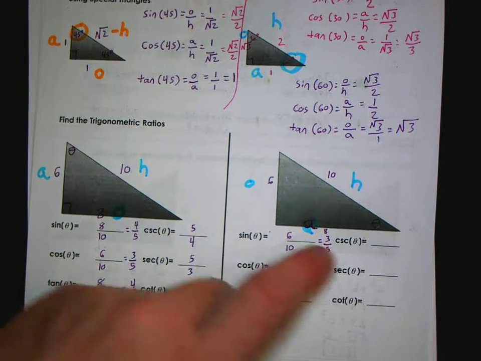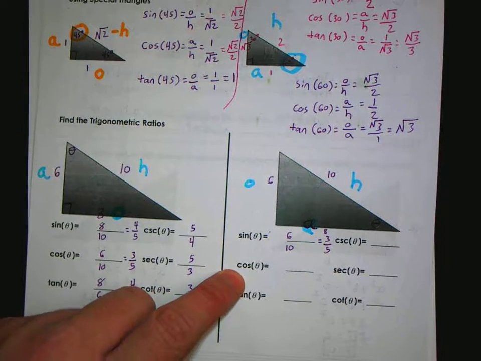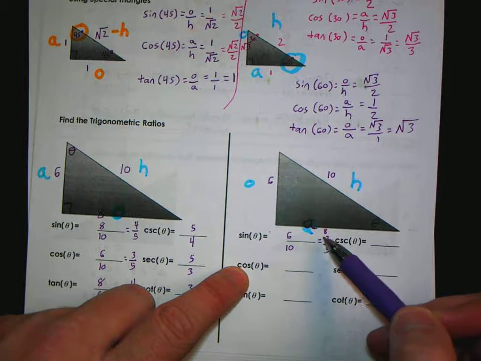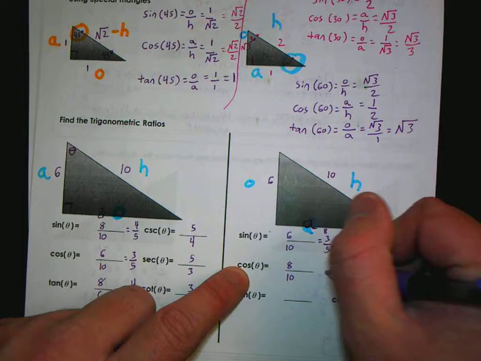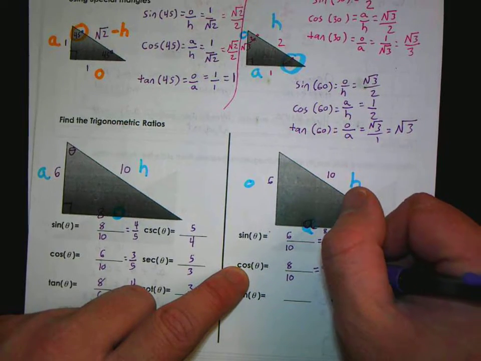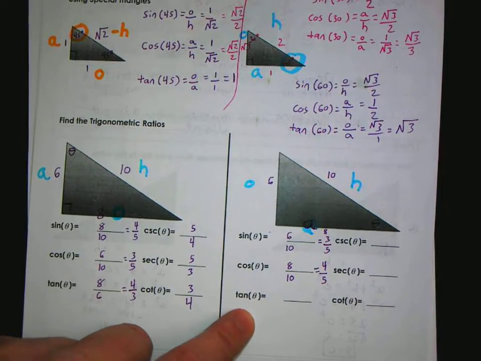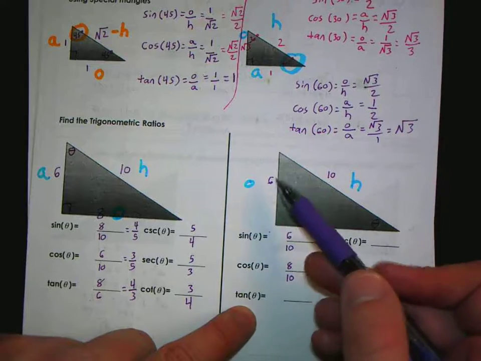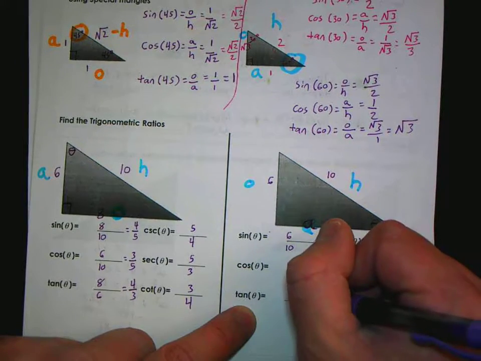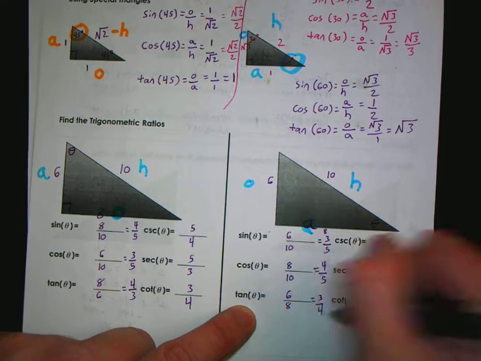And it's different because my reference angle is down here now. My cosine of theta, CAH, A over H, A is 8, H is 10, which reduces also to 4/5. TOA, tan, O over A, 6 over 8, which reduces to 3/4.